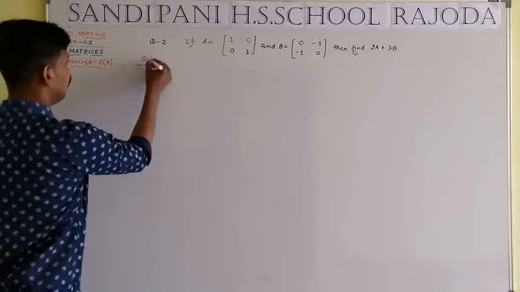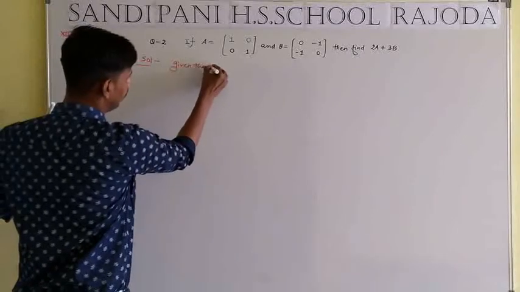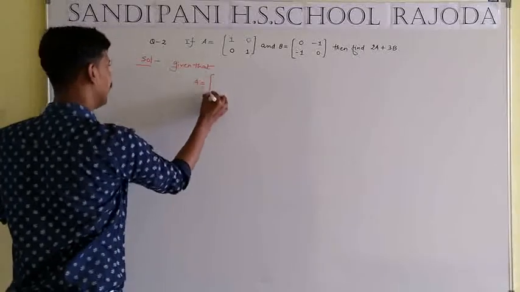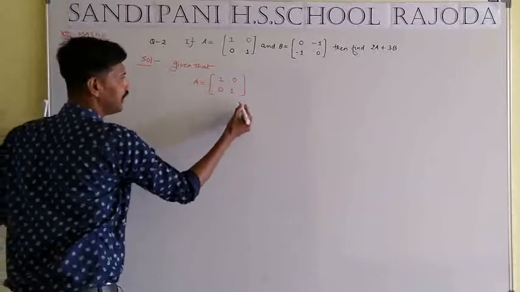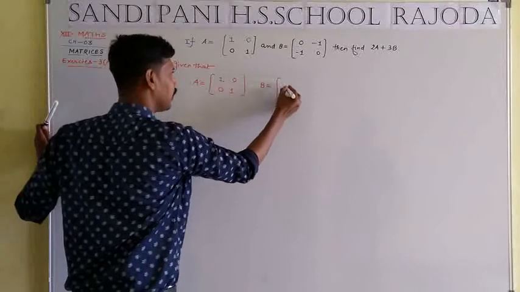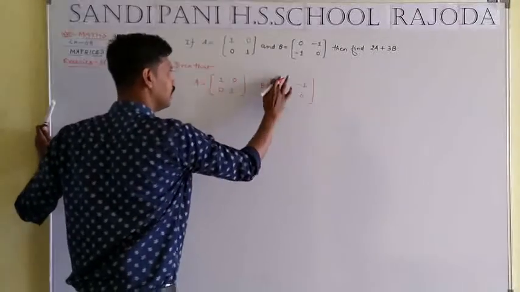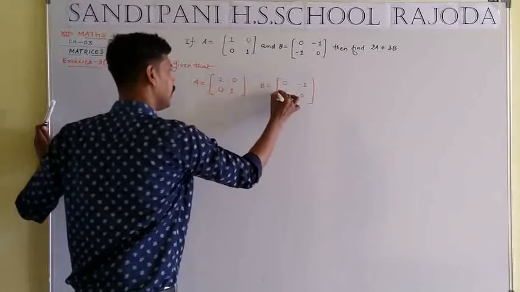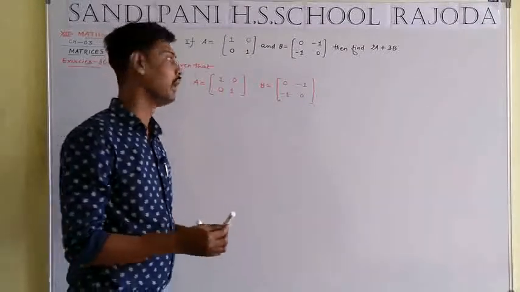Solution, given that matrix A will be equal to 1 0 and 0 1, and matrix B will be equal to 0 minus 1 and 0. Students, what is the demand of the question? Find the value of 2A plus 3B.